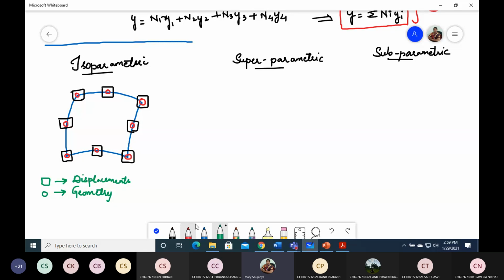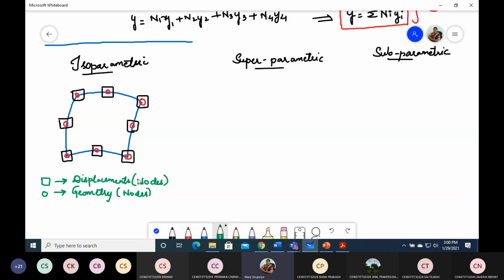I'll give you time to note down the picture. Not shape functions, you can write this as nodes. Displacement nodes, nodes defining displacements, nodes defining geometry.